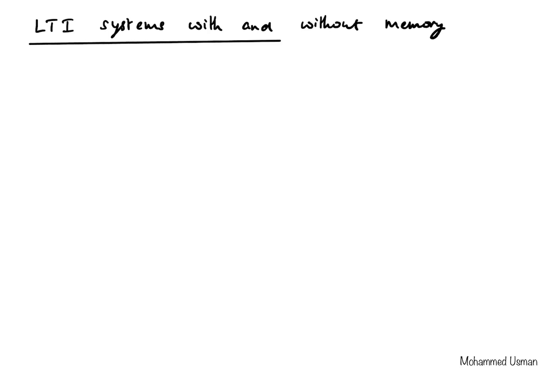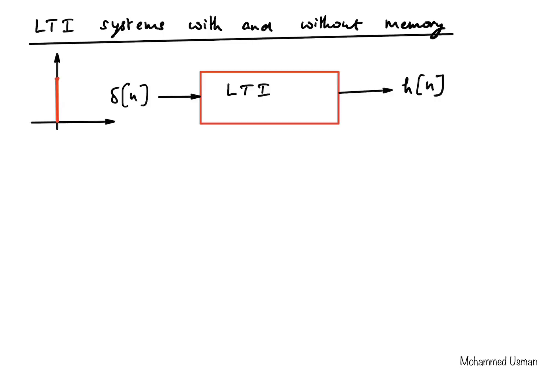To understand this, we just need to recall what we mean by the impulse response. The impulse response of a system is basically the output of the system when the input is a delta function. That means the delta function has a non-zero value only when t equals 0 or n equals 0.